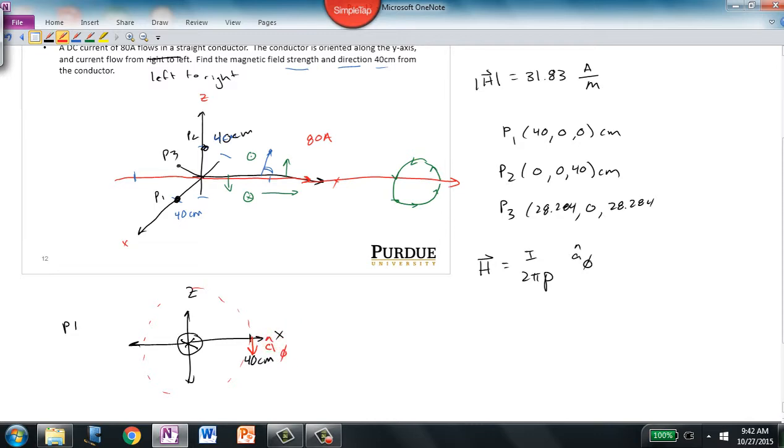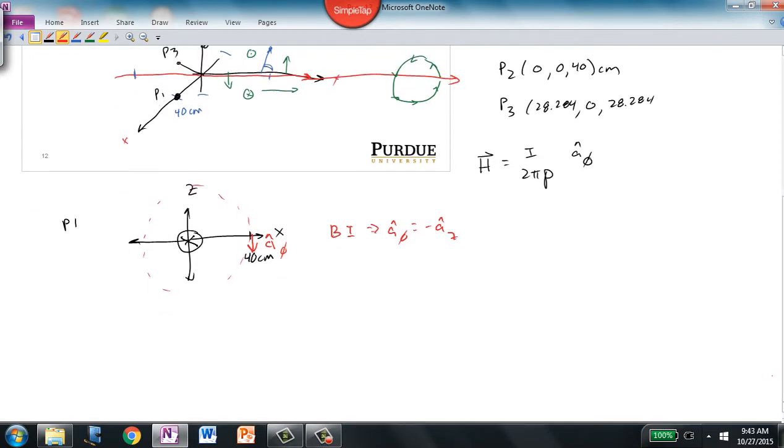So by inspection from 1, A hat phi is going to have to equal, it points in the minus z direction. We can just see that by application of the right-hand rule. So it's a very simple analysis in this situation.